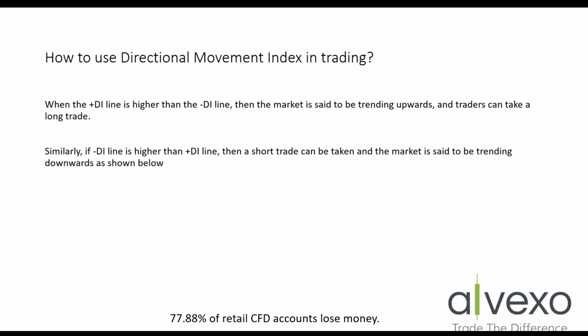So when the plus DI is higher than the minus DI, then the market is said to be trending upwards, and traders can take a long position. Similarly, if the minus DI line is higher than the plus DI line, then a short trade can be taken and the market is said to be trending downwards.